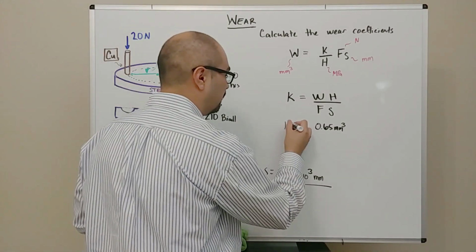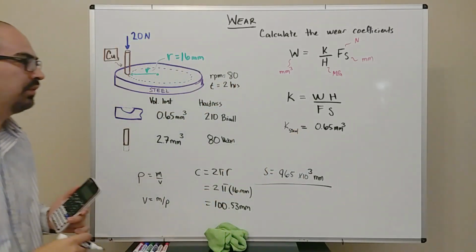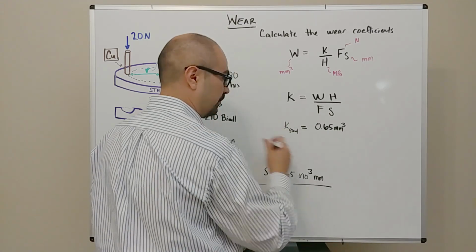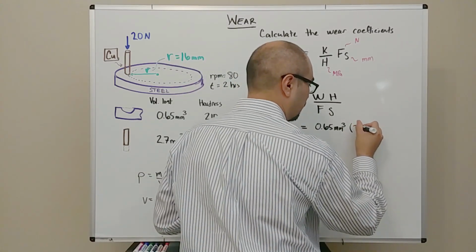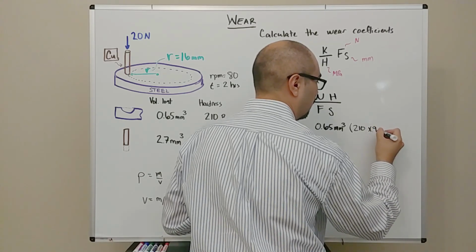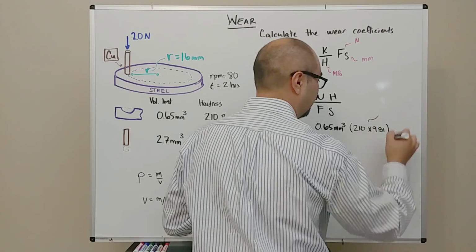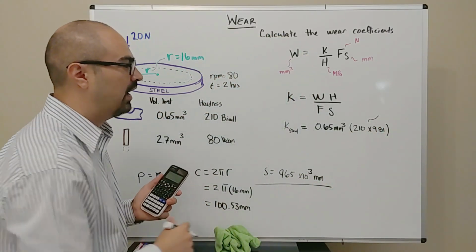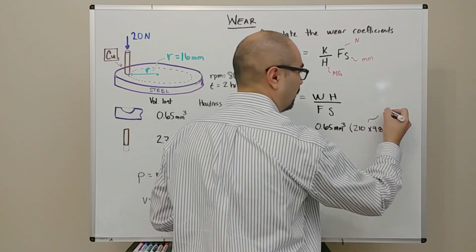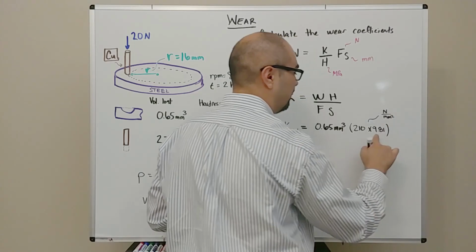So we're calculating right now the wear coefficient for steel on copper. We'll put the hardness, which is 210 times 9.81, right? And this is going to have units of megapascals. Now remember, a megapascal is a Newton per millimeter squared.